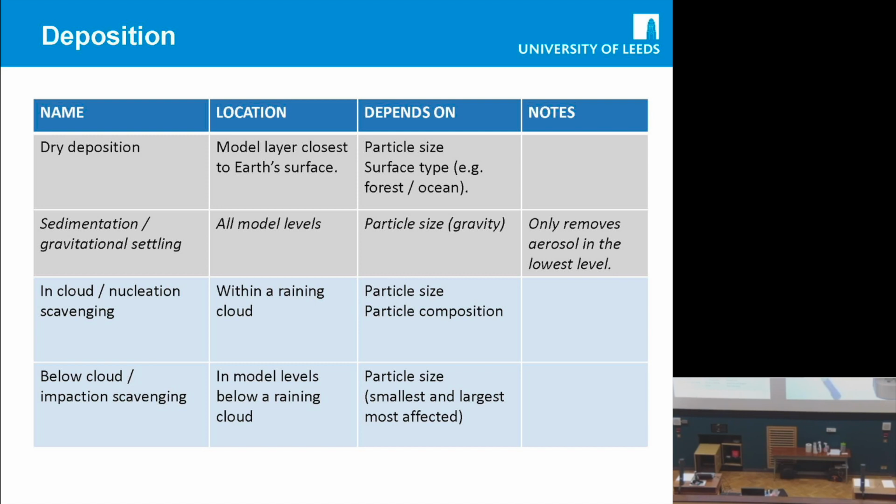So Alex had a diagram where you were looking at resistance to various processes, but if you imagine the tree he had on that diagram, it's all about really the roughness of the surface. So if you have something like a forest that's quite rough to the atmosphere, you will get a greater amount of deposition to that surface.